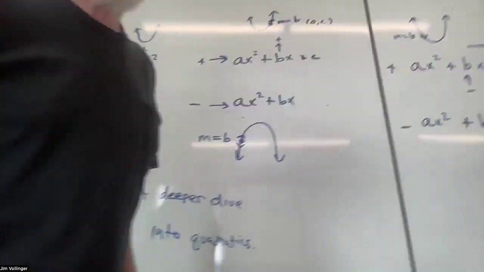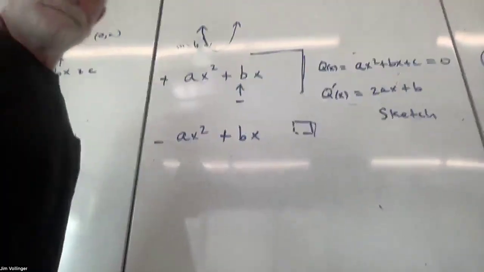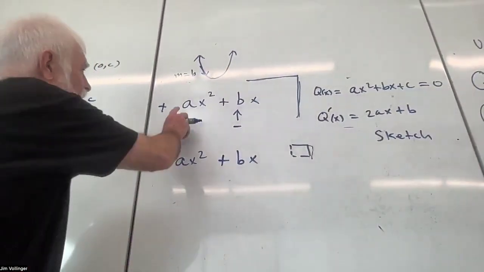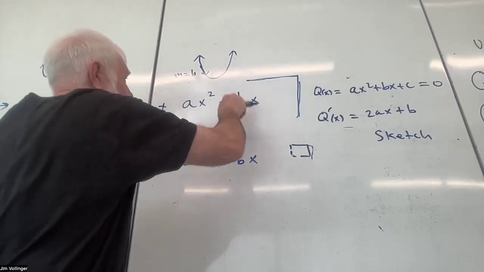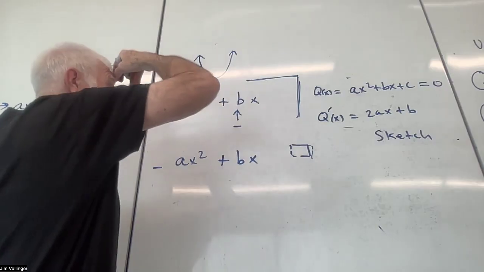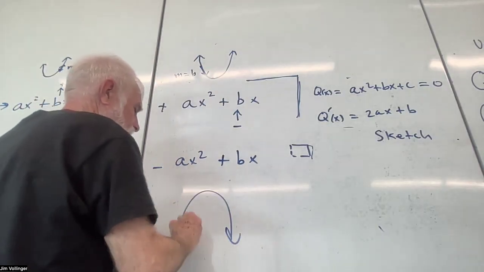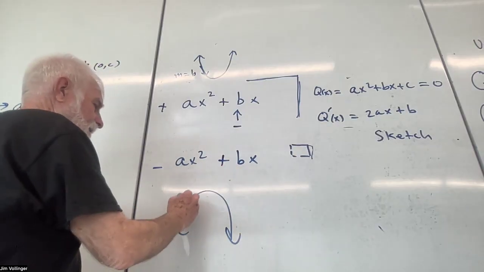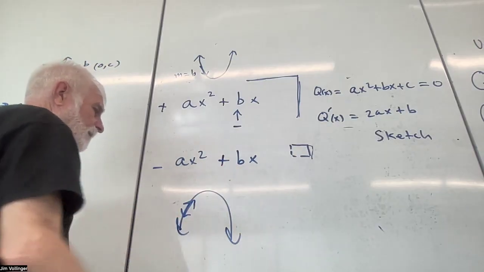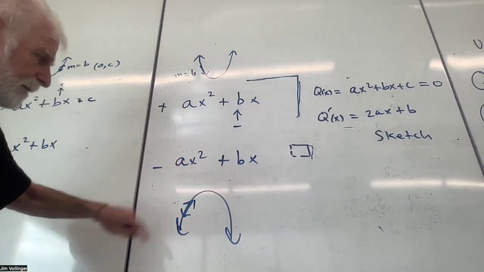Now, what happens if a is positive, cup shape up, but b is negative? Then I'm on the downside of that curve. And if a is negative, cup shape down, and b is positive, I'm on the upside. We zoom in, and we can see that slope, b, right there, positive b.